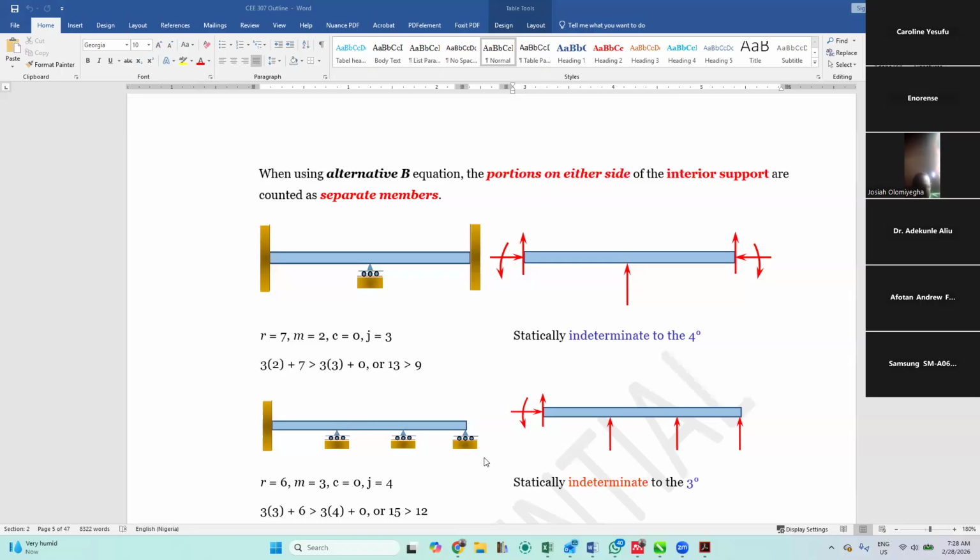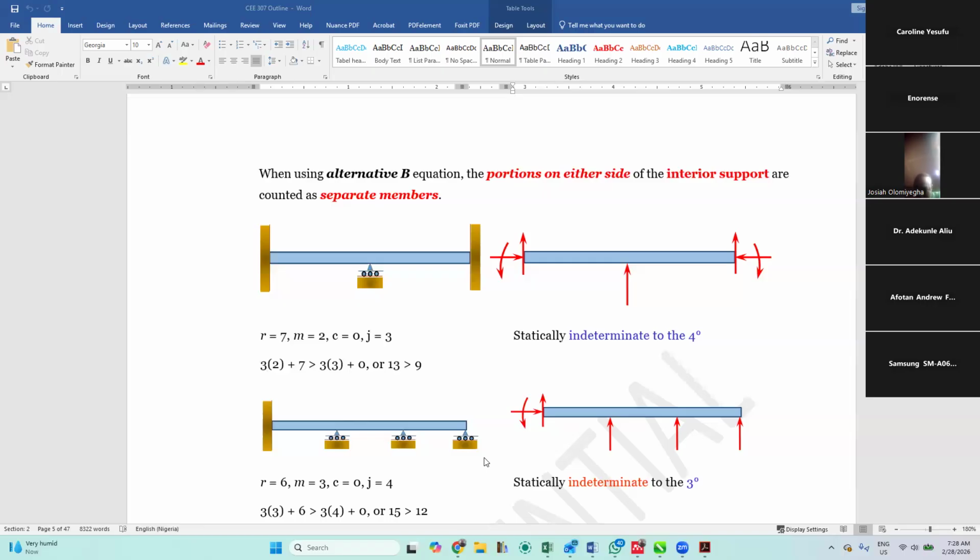That is why we are going to use different methods in analyzing that structure. You must have been hearing something like moment distribution method, slope deflection method, Clapeyron, matrix equation, and the rest. All those methods are used in analyzing structures that are indeterminate. Are you getting me? Yes.